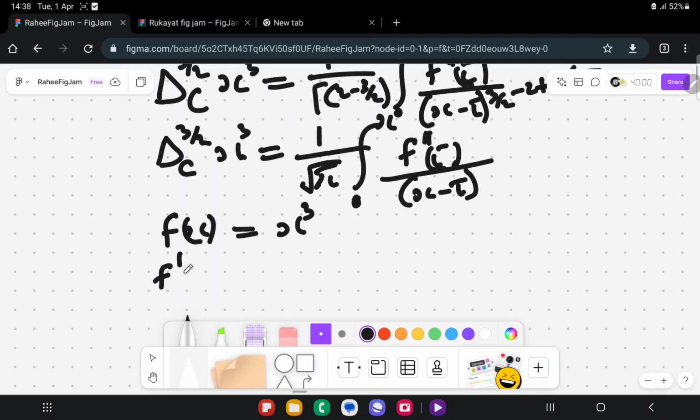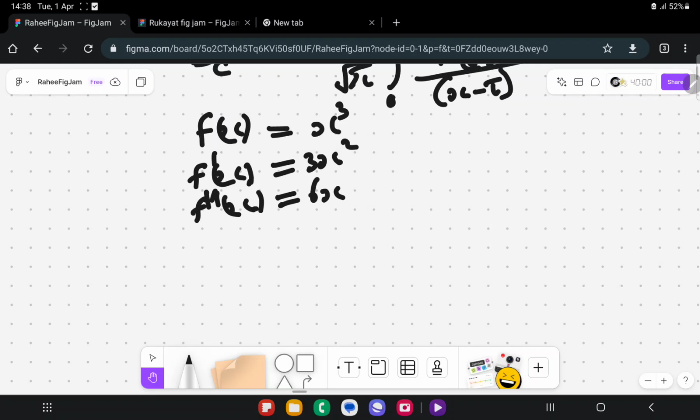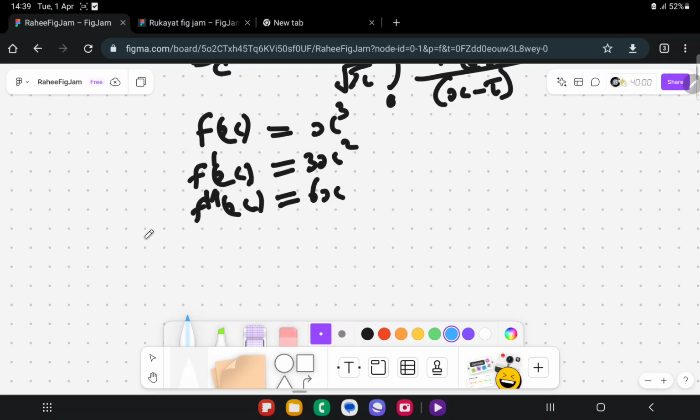That means f prime of x is given to be 3x squared, and f double prime of x is now equal to 6x. Now that we have the value of f double prime of x, all we're going to do is simply substitute it back into the integral.